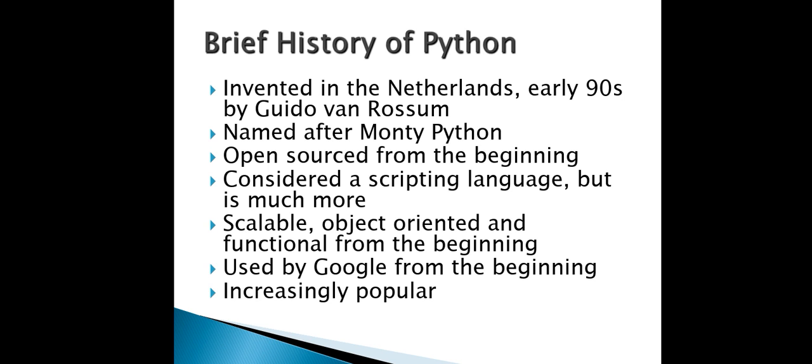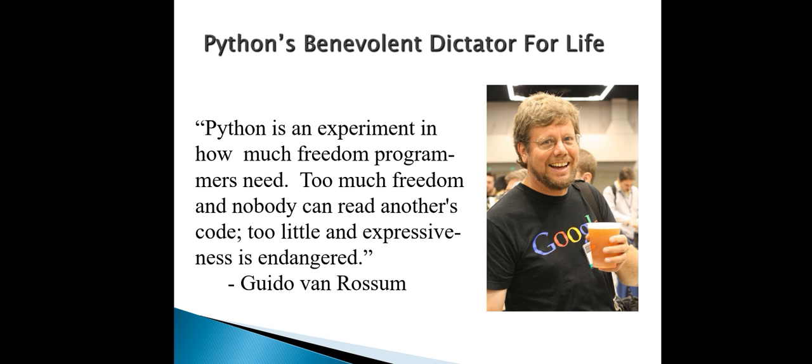We know that C language is a procedural programming language, but C++ is an object-oriented programming language. Same like that, Python is scalable, object-oriented and functional from the beginning. Used by Google from the beginning, increasingly popular. In these slides, you also watch on my screen an image.